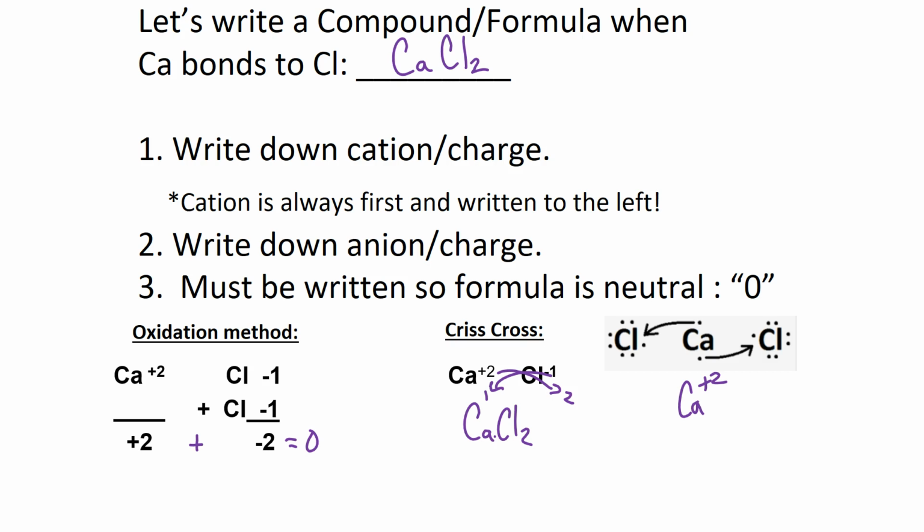Each chlorine gains 1 electron to form a -1 ion. So chlorine gets to 8 electrons in its outer shell because it takes one each from calcium. Calcium gets to 8 in its outer shell because it loses the 2.